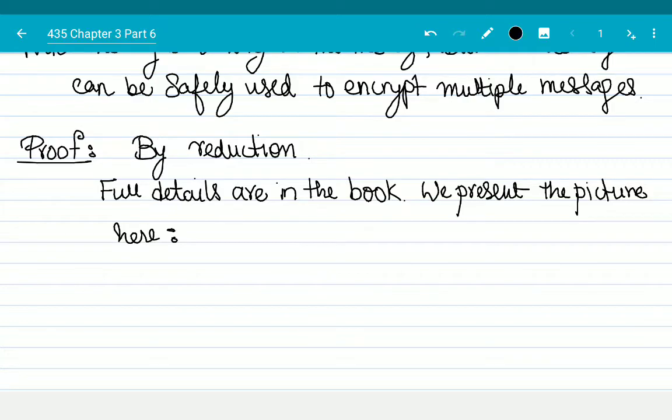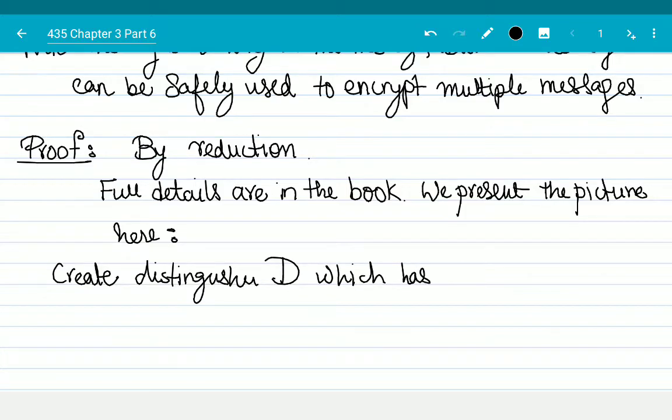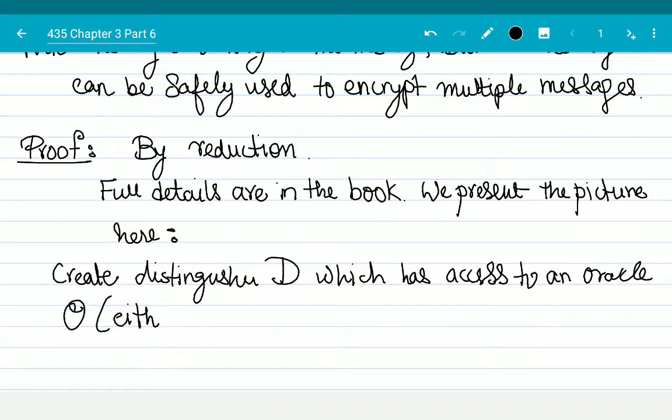There will be a distinguisher D, which has access to an oracle O, either random or pseudo-random.